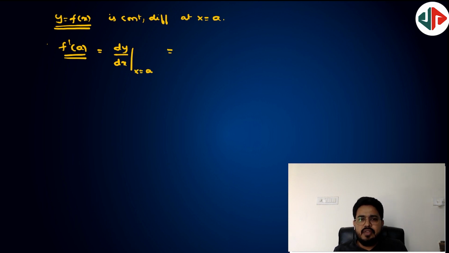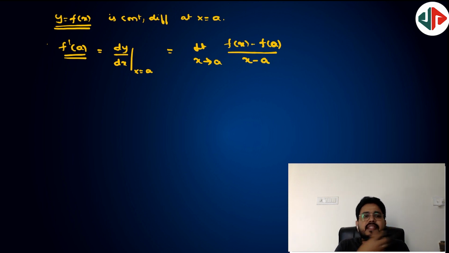So this value is the limit x tending to a of f of x minus f of a by x minus a. If this limit exists, this value is the derivative of the function.